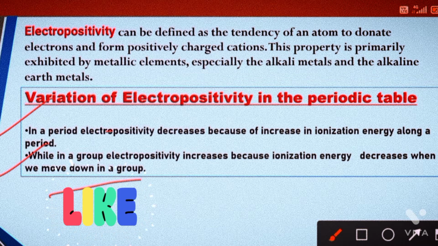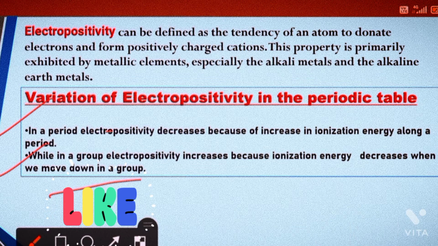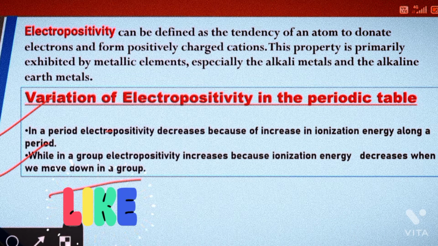Sometimes they ask why metals are electropositive. Because they have few, free electrons in the outermost shell, so they donate these electrons easily and form positive ions. That's why they are called electropositive.